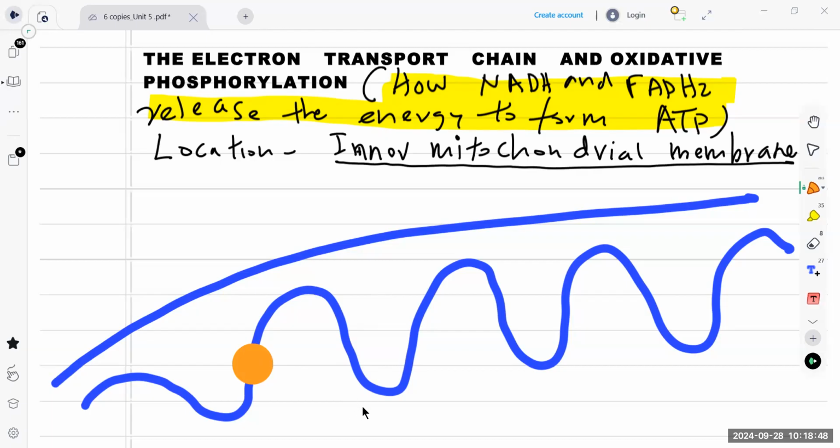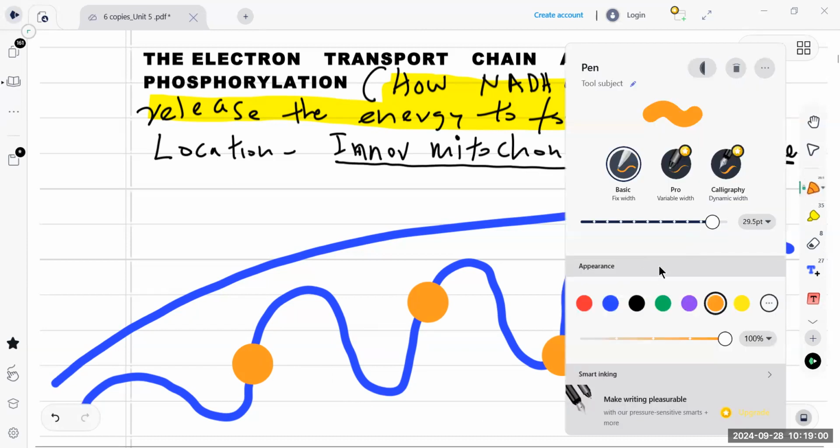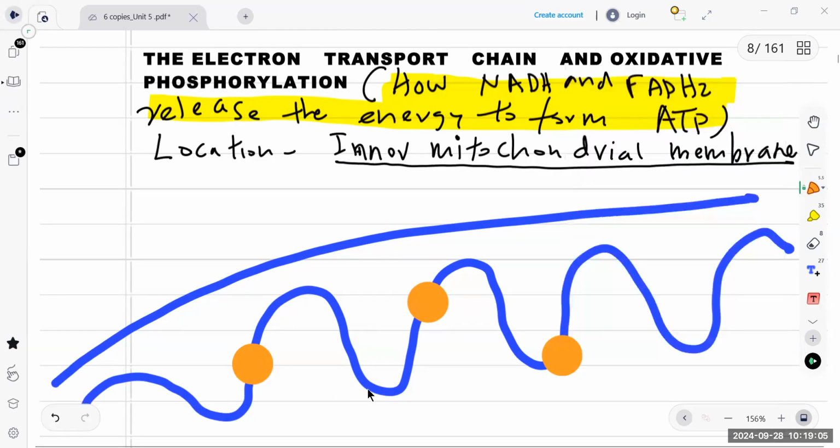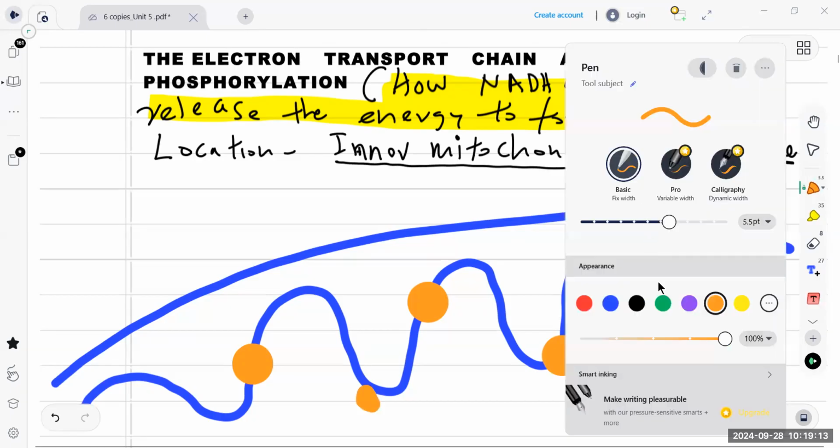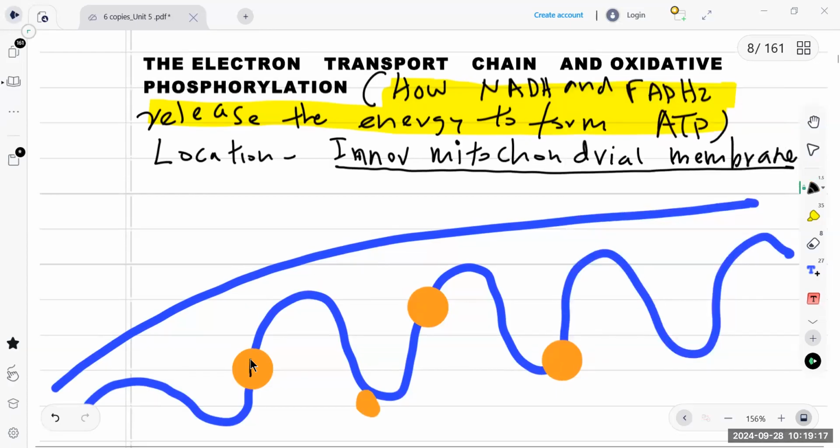And there's another one, and another one. So we can label these protein complexes 1, 2, 3, 4.